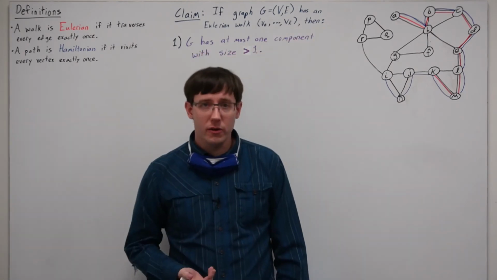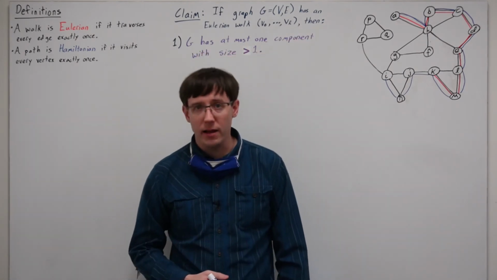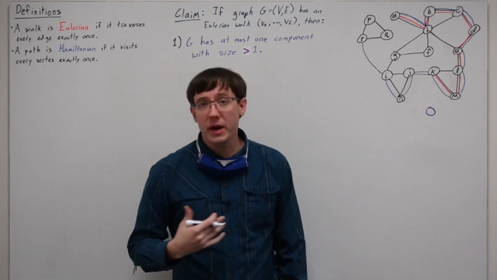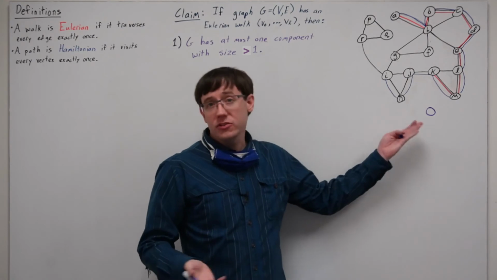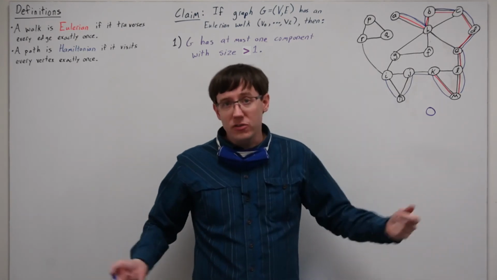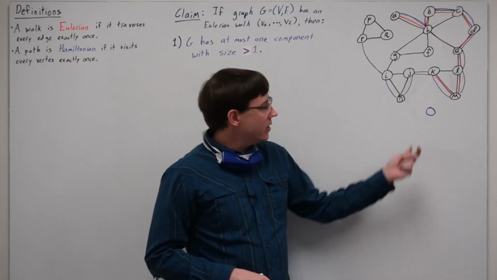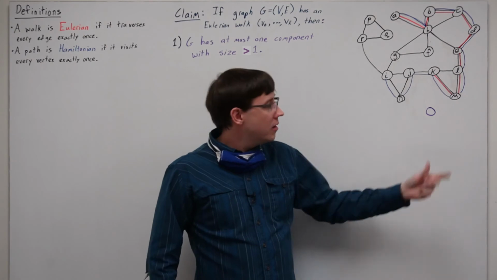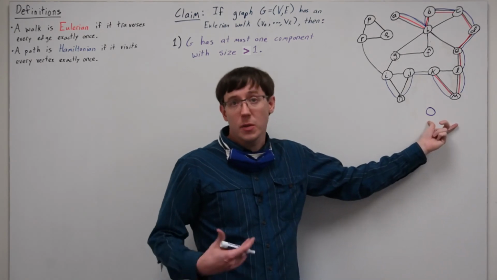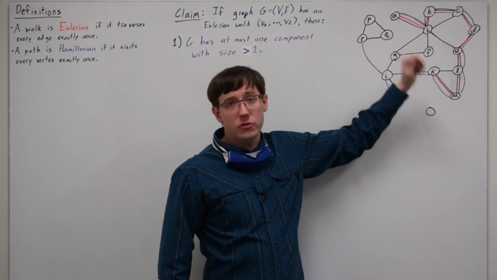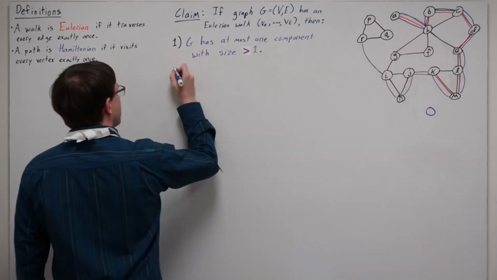We don't necessarily have to have a connected graph, because there could be some vertex off by itself that has no edges, and we would still be able to traverse all of the edges on our walk. But if there were any other vertices in this component, that would mean they are connected by some edges. But if they are not connected to the rest of the graph, there's no way our walk could get there.